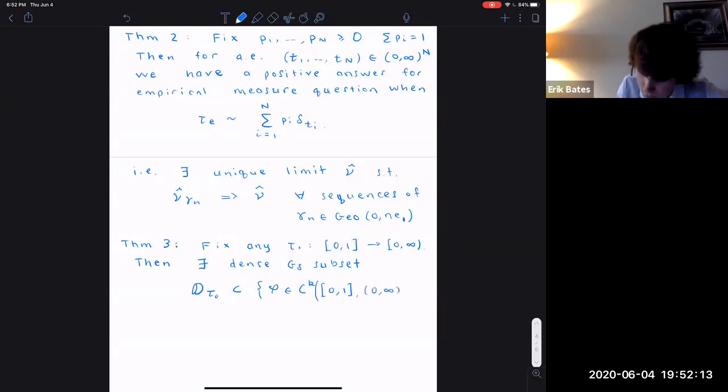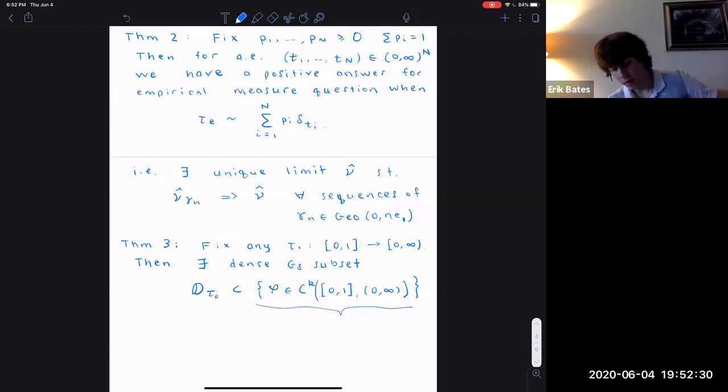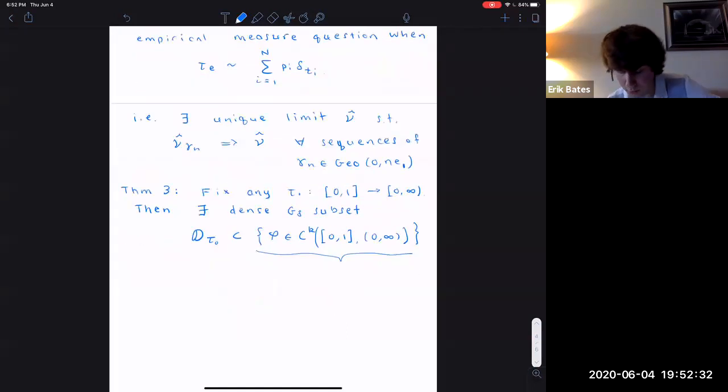And well, in order to make a Banach space, you'd want the real line here, but I can actually consider just the set of functions that take positive values. So here on the right, I have the set of K continuously differentiable functions that map the unit interval to the positive numbers.